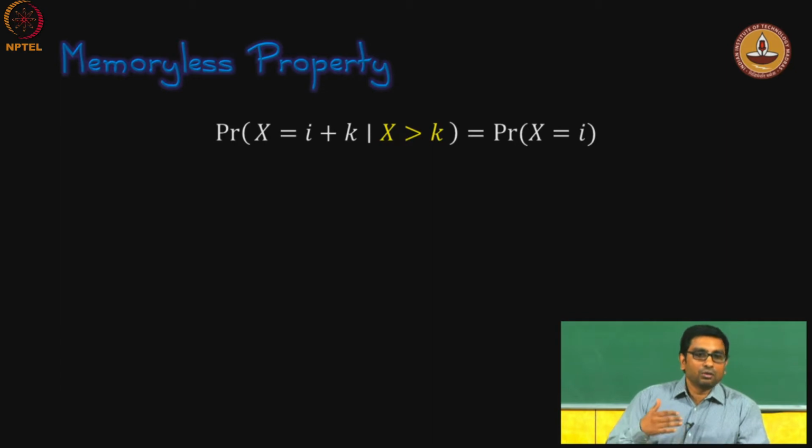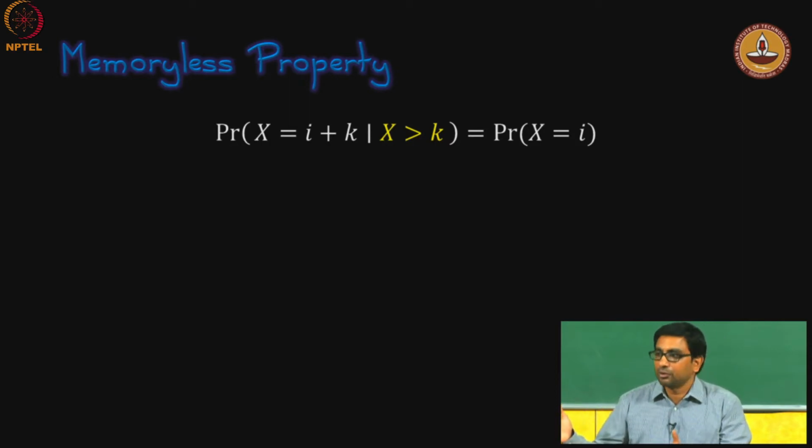If you've tossed the coin a few times and you've been repeatedly getting tails, let's say you've done this 5 times, you've repeatedly gotten 5 tails, does that history have any bearing on how many more coin tosses you will need before you get the heads? As it turns out, history won't have any bearing here, because these are independent coin flips. And that's the intuition that this memoryless property is capturing.